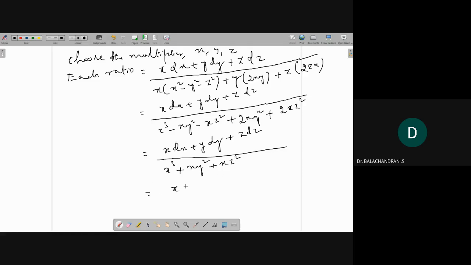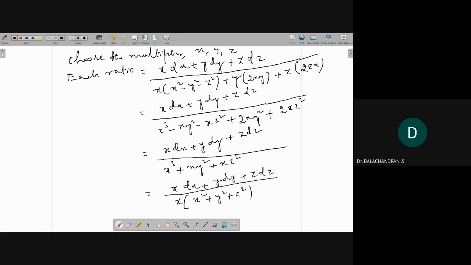So you keep the numerator as it is, x dx plus y dy plus z dz, over x into (x square plus y square plus z square). Now you know that each ratio is equal to this ratio.